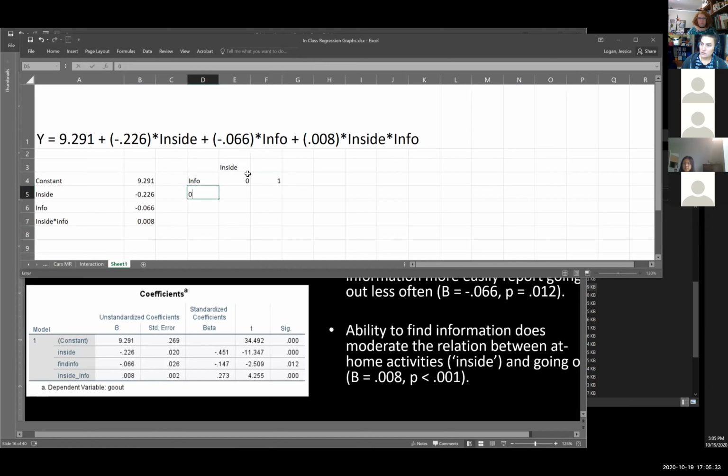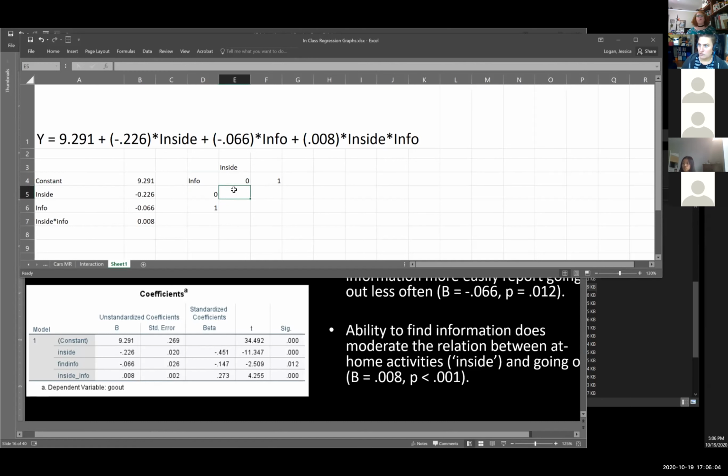And let's pick 0 and 1 as probable values for info. That will make this math really easy. All we're doing here is picking which value is going to go for which. What's the expected y for each of these possible cells?